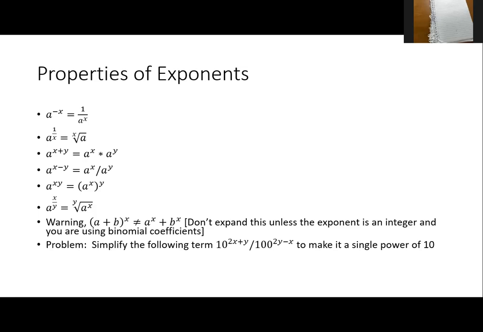Does anybody have an answer? Anyone have an answer to this problem I have at the bottom of the screen? 10 to the 2x plus y over 100 to the 2y minus x. What does that equal in terms of a single power of 10?